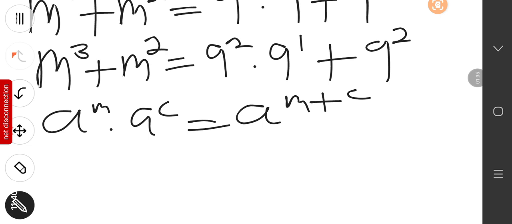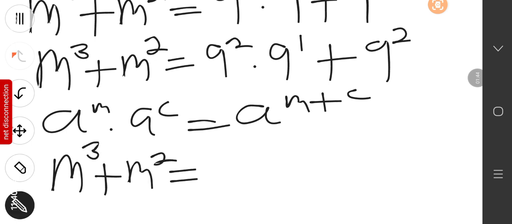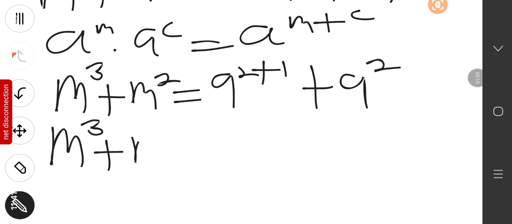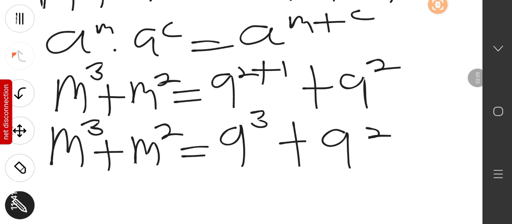So we are going to have m cubed plus m squared equals 9 squared plus 1. So we have applied the first law of indices. So here we have 9 cubed plus 9 squared.